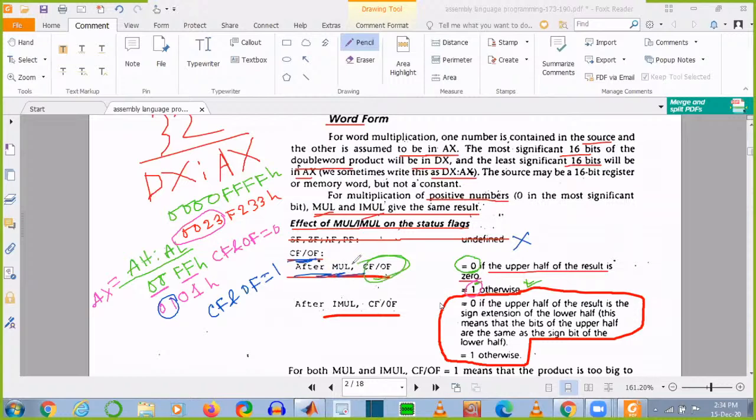If you perform unsigned multiplication, CF and OF will be 0 if the upper half of the result is 0. That means the value of DX is 0, and for 8-bit operation, the value of AH is 0. CF and OF will be 1 if the upper half is occupied. Here you can see the upper half is 01, and for 16-bit operation the upper half is DX, so occupied, and in that case it will be 1.